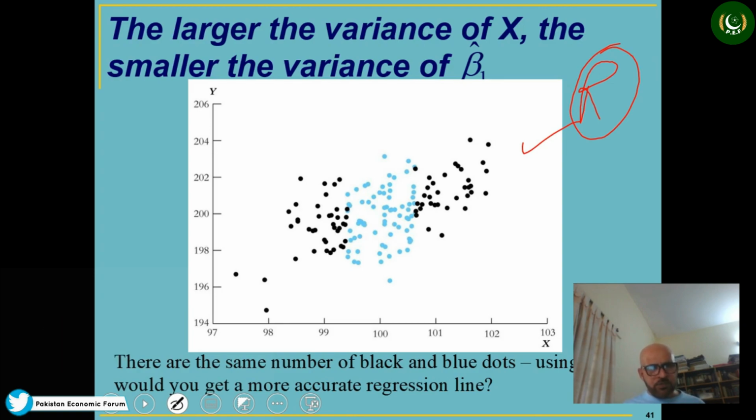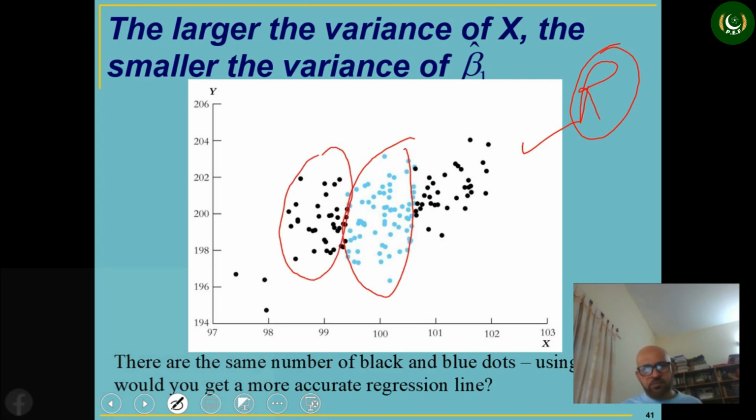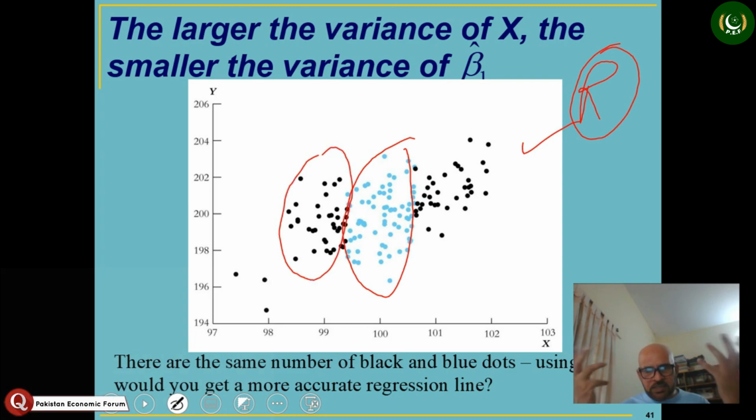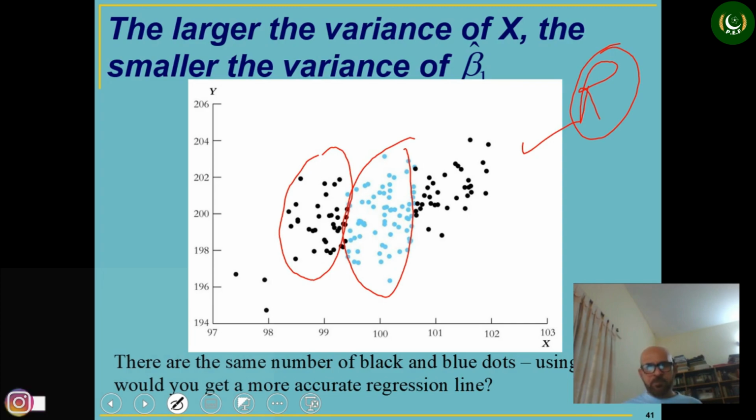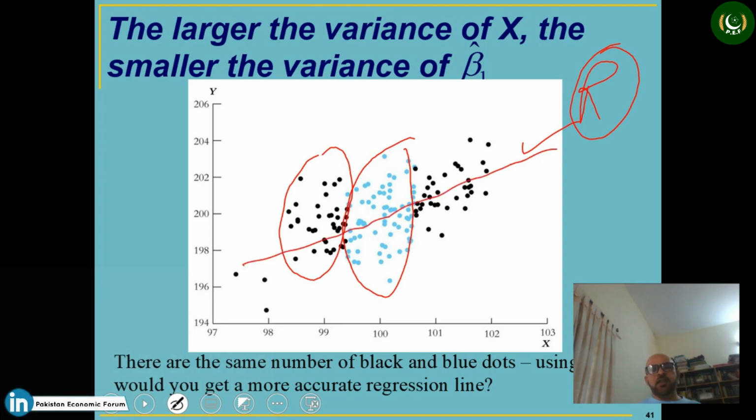If I ask you to fit a line from these blue points, please think. If I ask you to fit a line from this whole data, you would all more or less fit it this way.